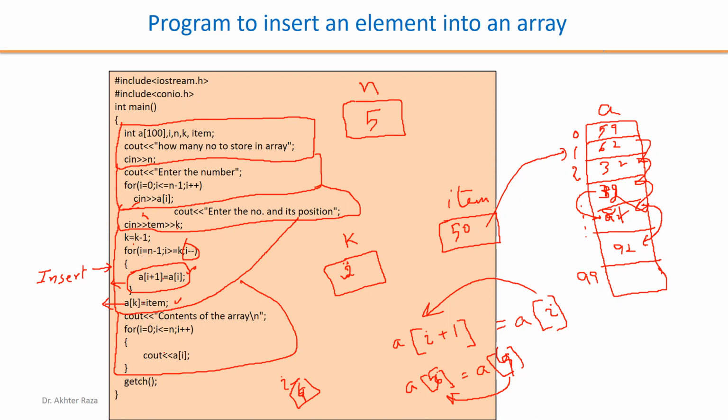If the item is placed at the correct position at which it was required, then by the display of all elements by this part, which is the last part of this algorithm, we can see the new elements in the array. If it is inserted at the correct position, it means that the algorithm is working fine.